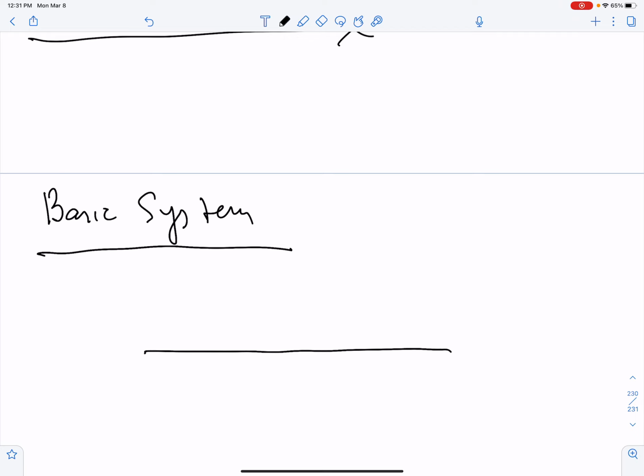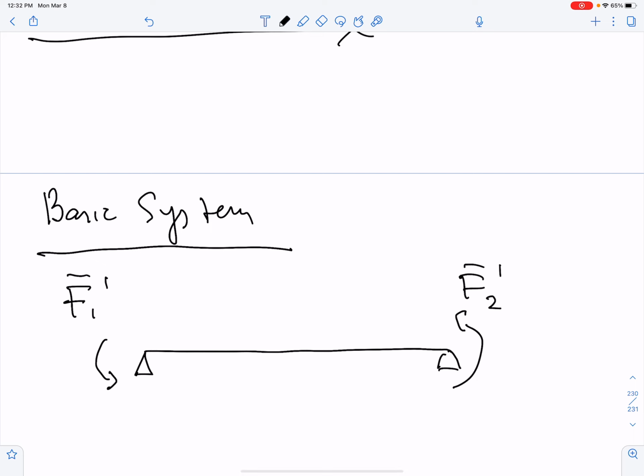Here on the basic system, if you look at your element, kind of fix it like this, right? What you see is the element develops two moments that we called F over bar prime 1 and F over bar prime 2 like this.